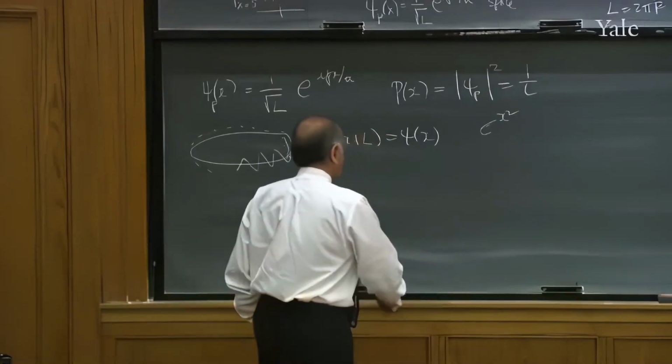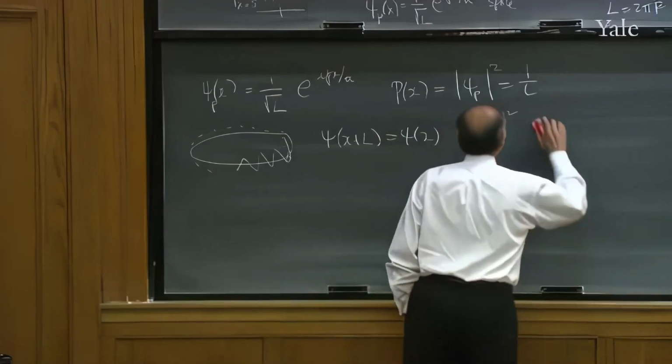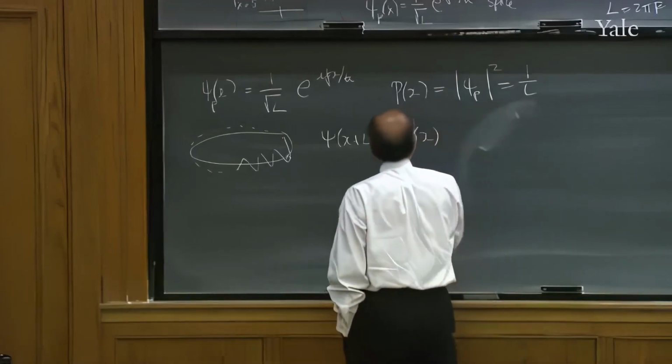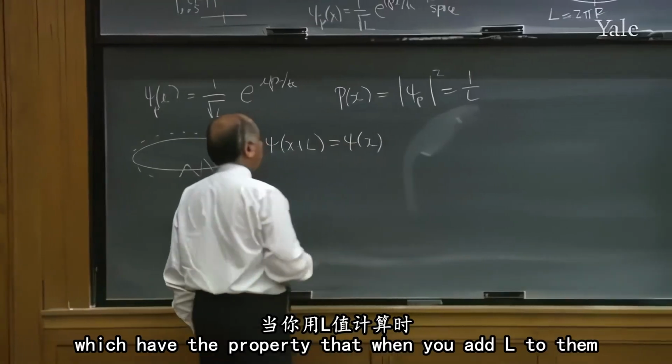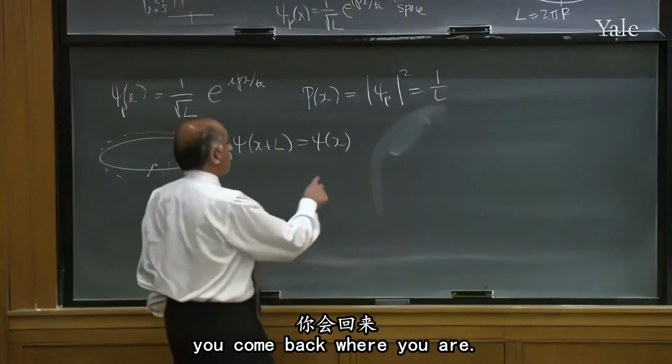Okay, so you've got to write functions which have the property that when you add L to them, you come back where you are. That's a condition of single valuedness.